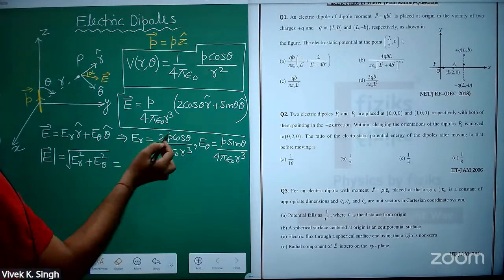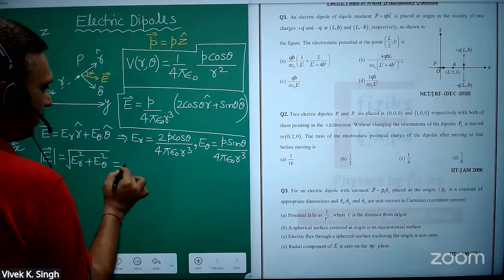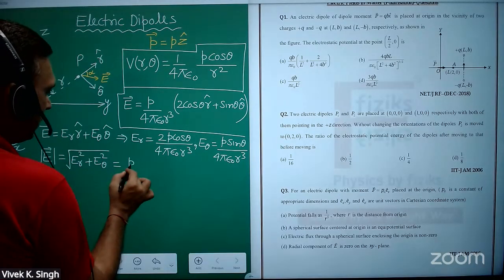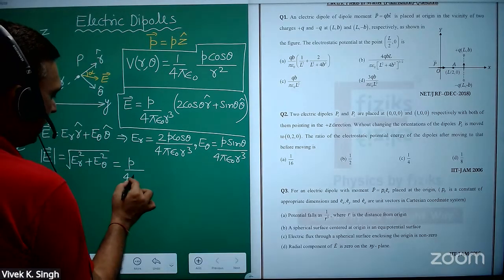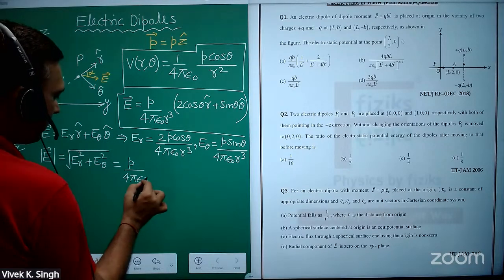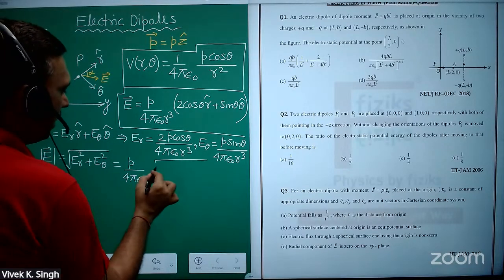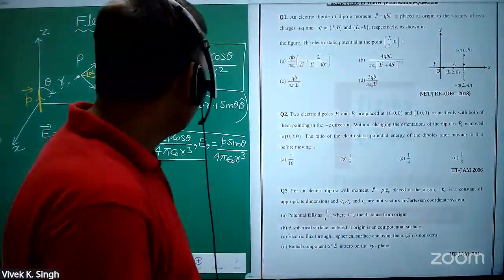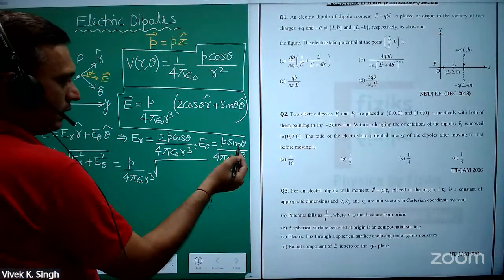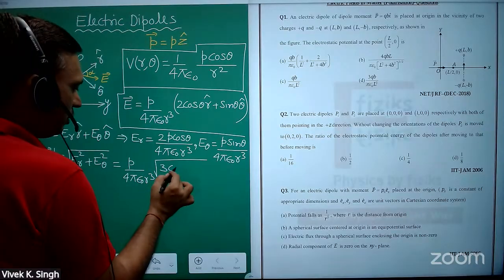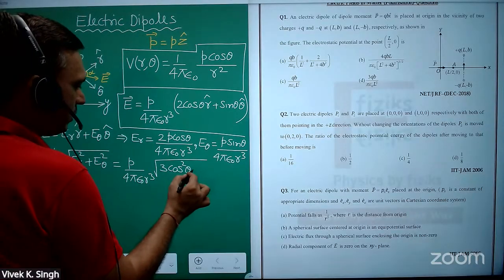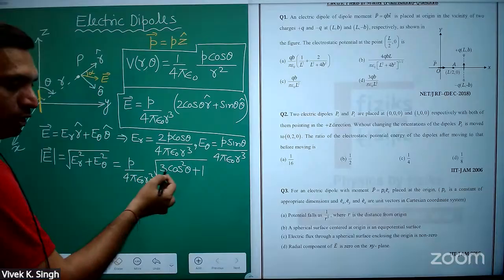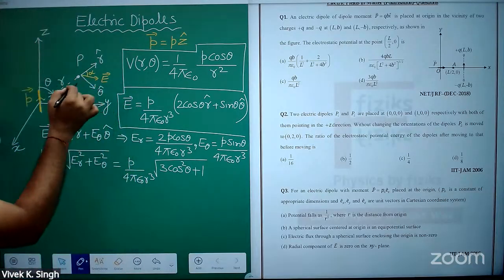And if you find this value, you will get P by 4 pi epsilon naught r cube under root 4 cos square theta plus sin square theta. Sin square theta is 1 minus cos square theta. So this will be 3 cos square theta plus 1. So this is the magnitude of field at this point.